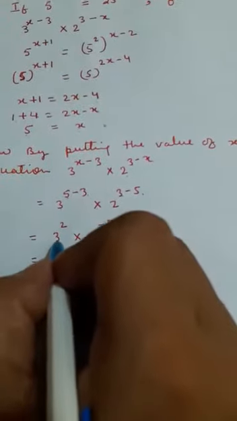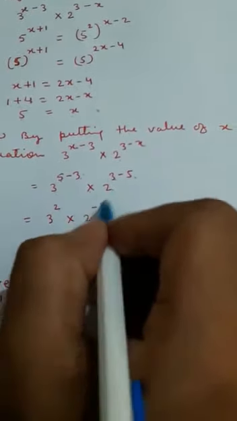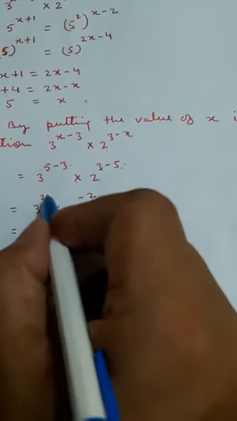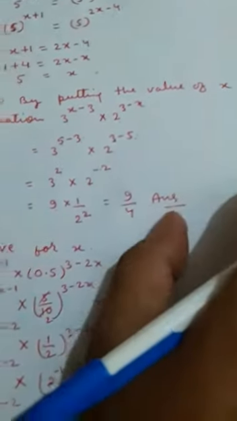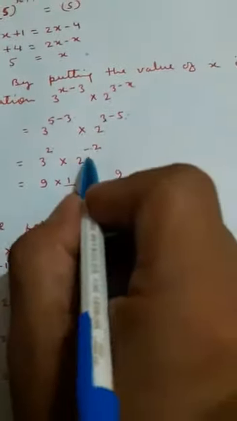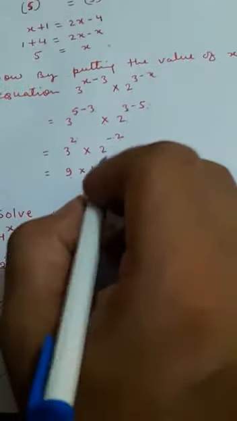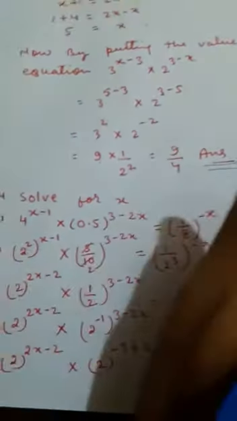So 5 minus 3 will be 2, and 3 minus 5 will be minus 2. So 3 power 2 is equal to 9 into, power is given in negative form, so we will take the reciprocal. So it will be 1 by 2 power 2, that is equal to 9 by 4. This will be our answer.